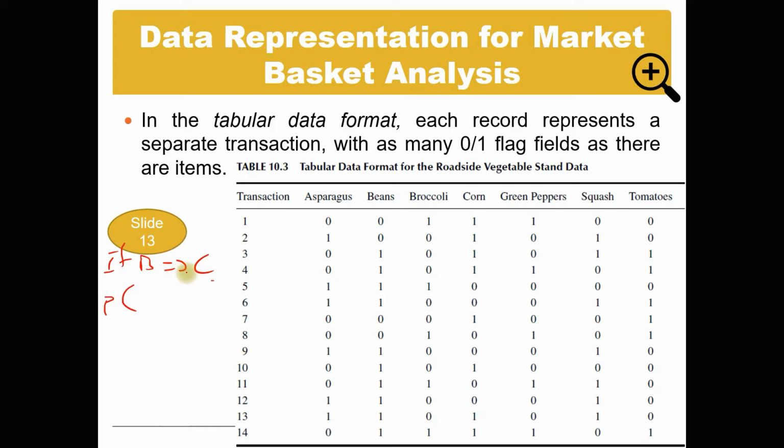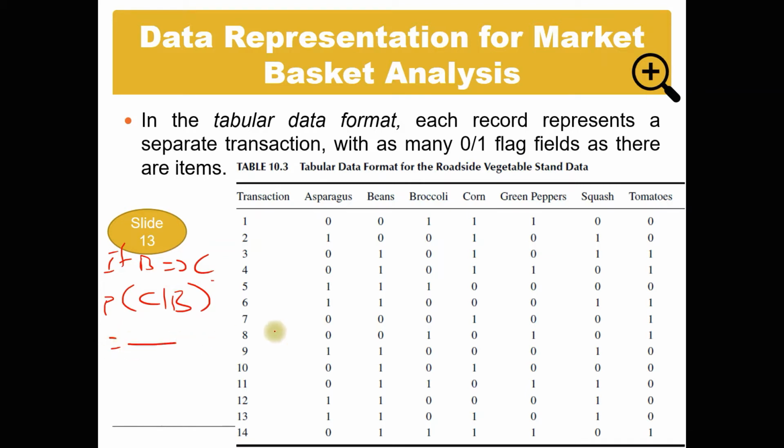The confidence is always the probability of a consequent given the antecedent. So if B, it means that given I buy broccoli, what's the probability that I buy corn? Get the idea here? So in other words, the probability of consequent given antecedent.